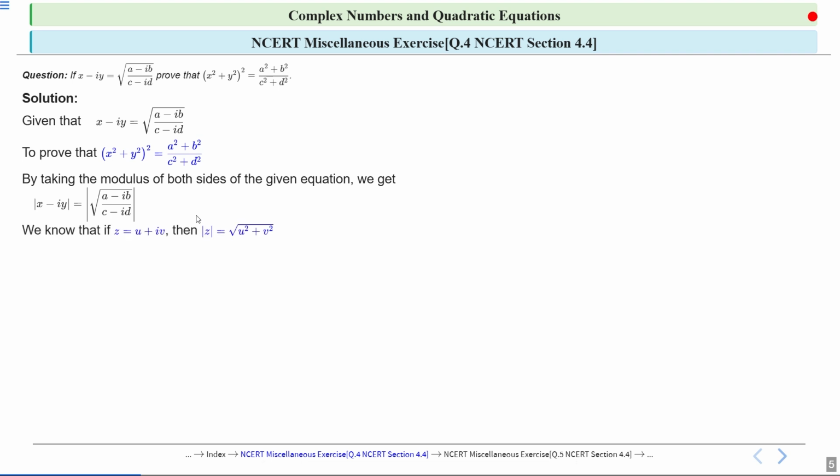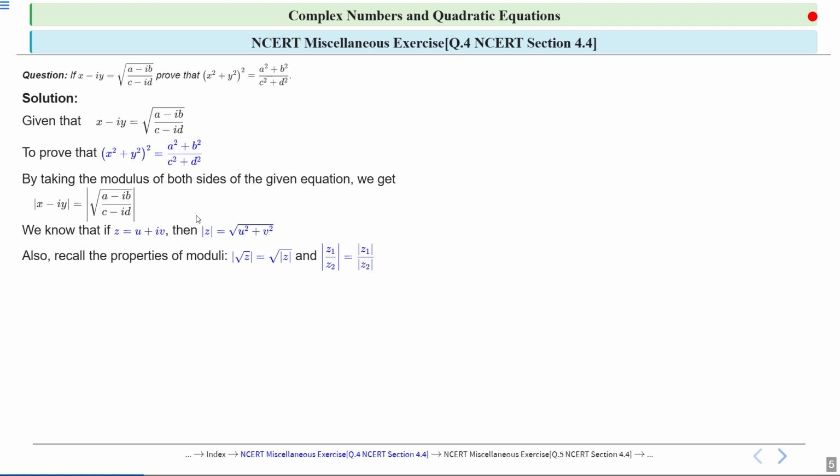Now recall that for any complex number z equals u plus iota v, the modulus of z equals square root of u square plus v square. So this is just like finding the length of the vector from the origin to the point (u, v) in the complex plane. Also, let's remember two important properties.